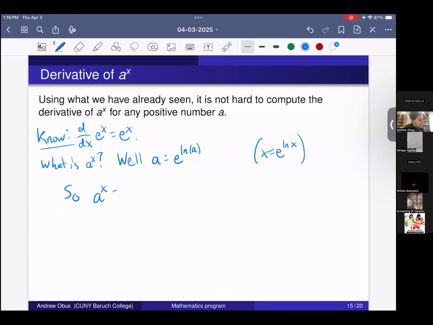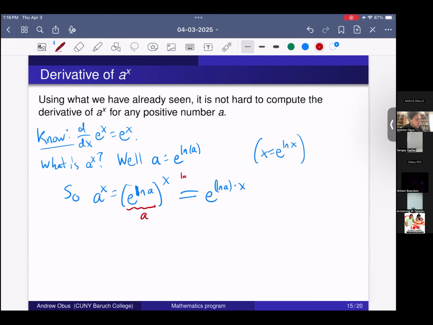So a to the x is equal to e to the ln of a, to the x, right? Because this is just a. And with the laws of exponents, that's the same thing as e to the ln of a times x.